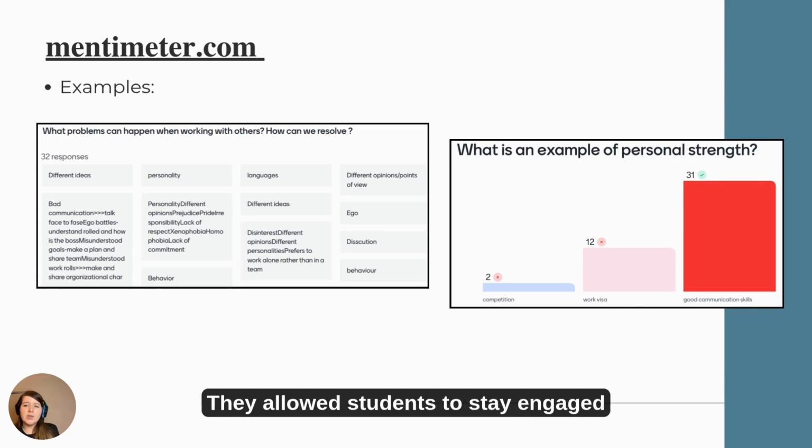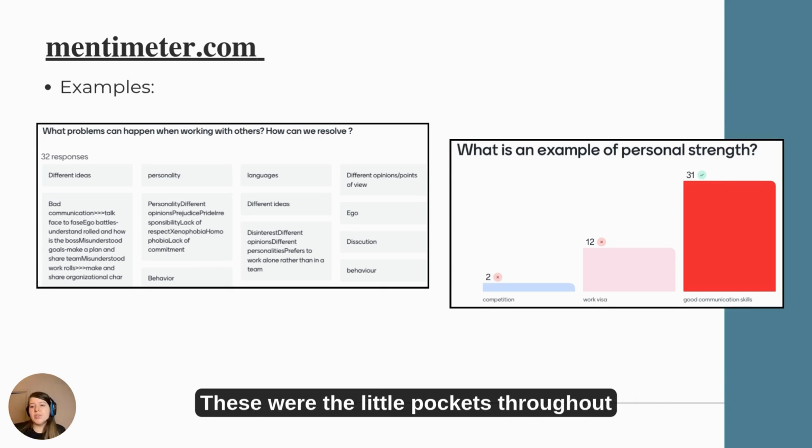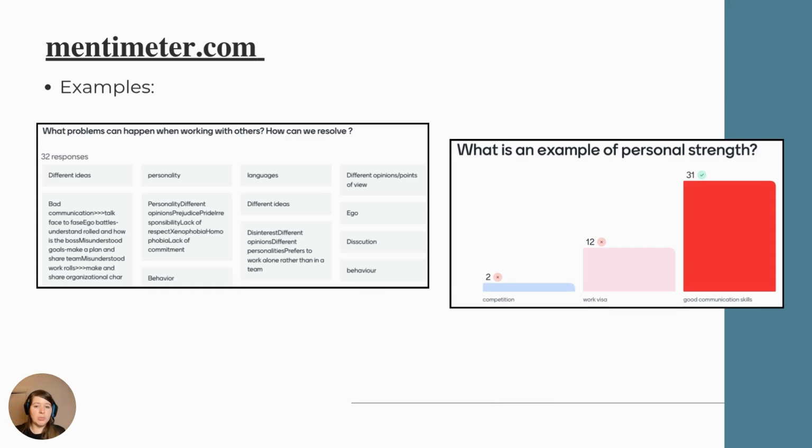They allowed students to stay engaged with the material, and it wasn't just me talking the whole time, but them taking a break and engaging, most importantly, with the material. These were the little pockets throughout the lesson where students could share their own ideas, their voice, and actively participate. And they didn't have to speak out loud in front of all of these people.